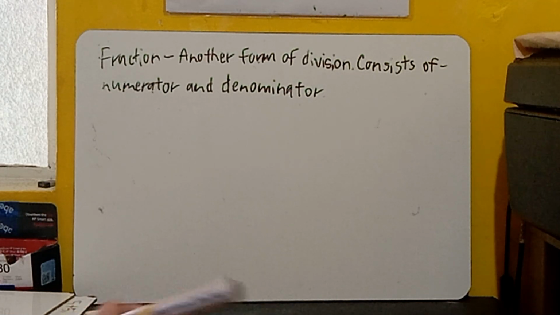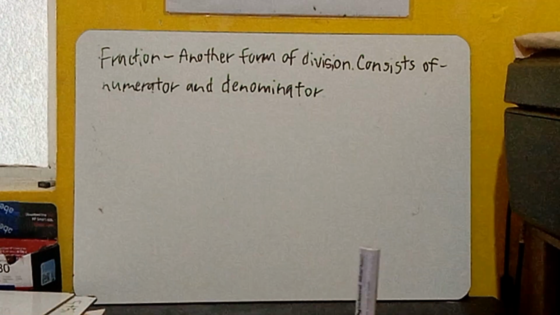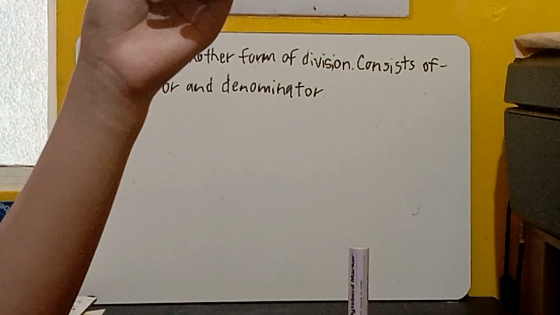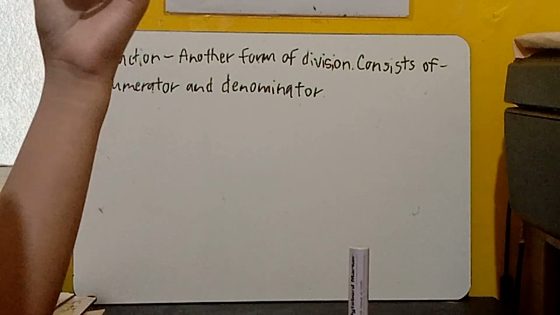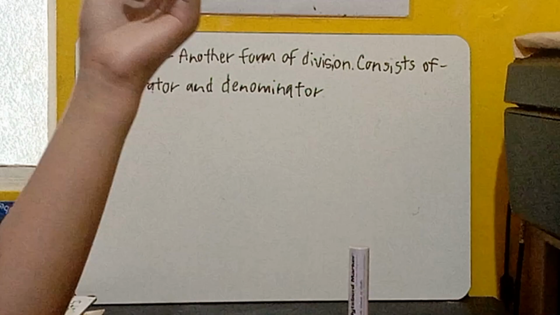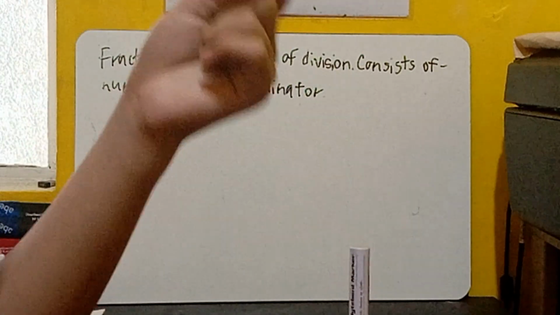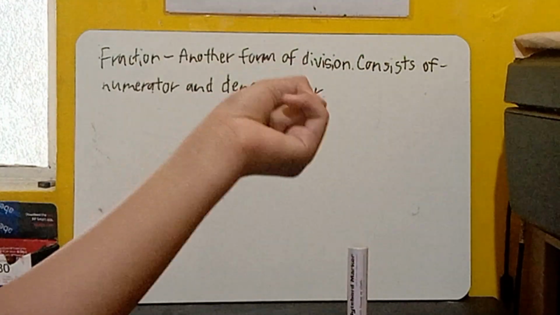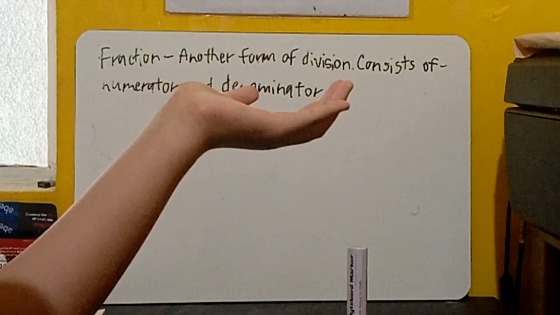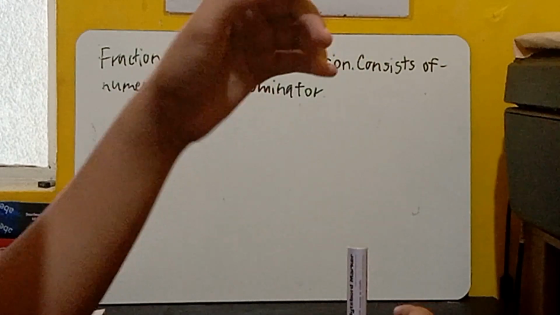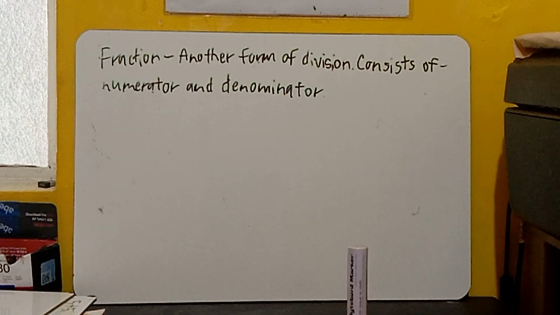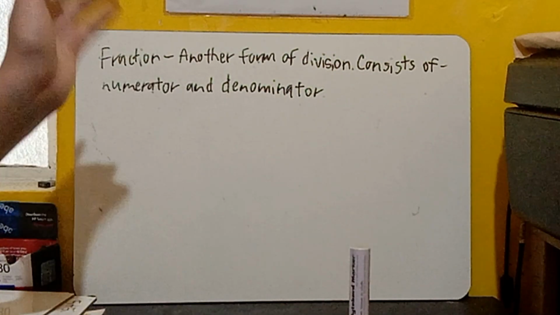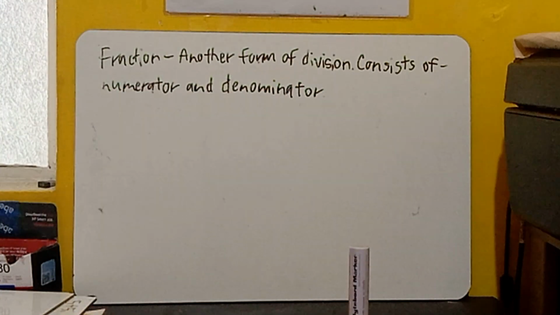You can also subtract fractions, but I'm gonna talk about that in the next video. You can also multiply it, divide it. You can also square root it. We can also square it, but that's complex. So we're gonna talk about that in future videos because we're still learning the basic fractions.